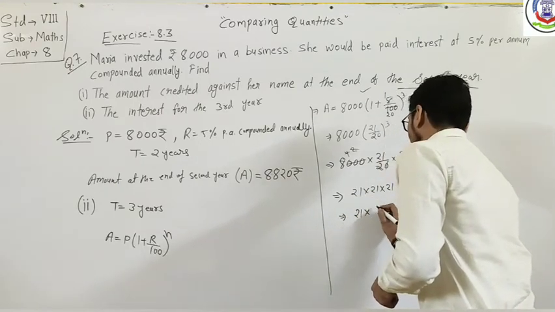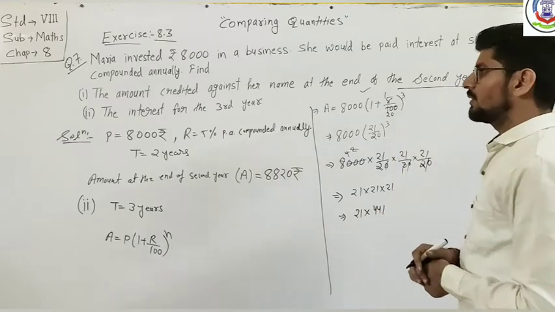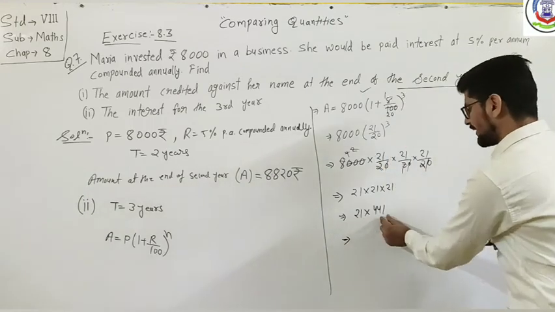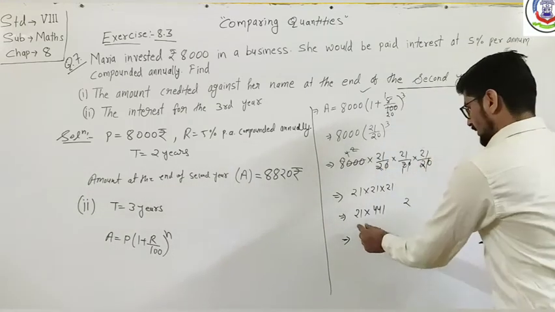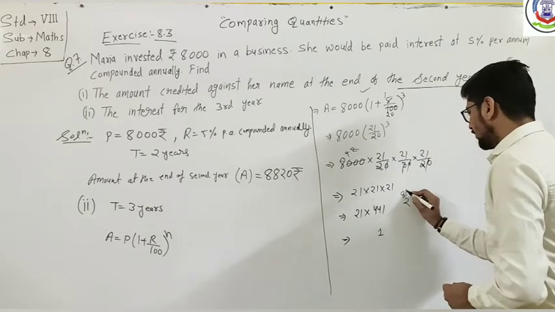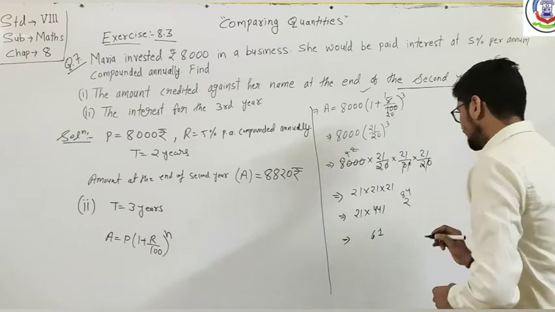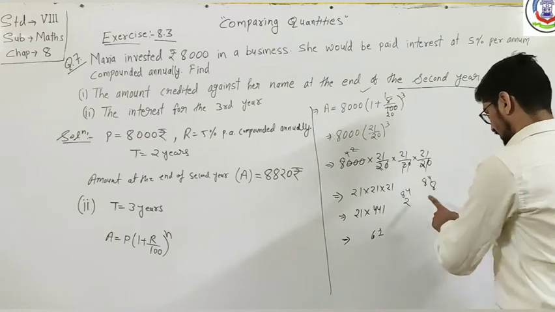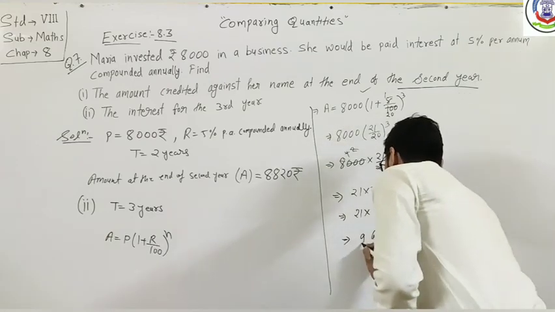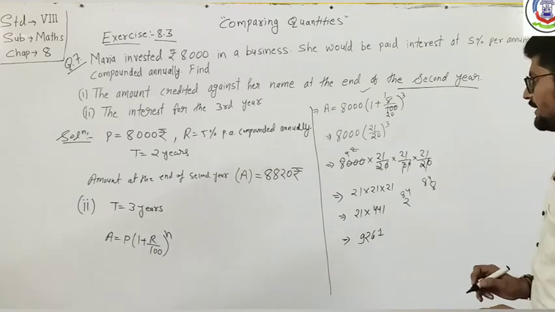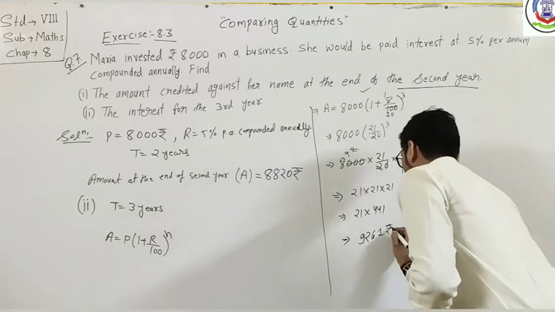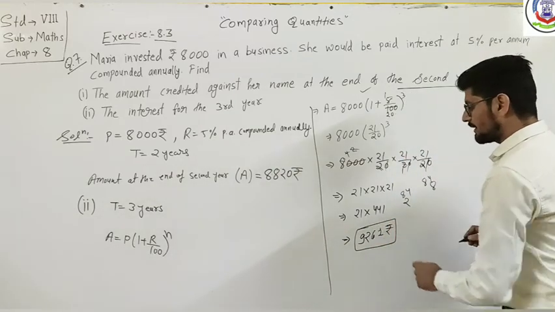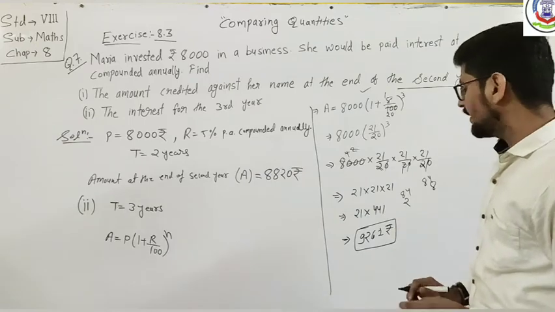So 21 multiplied by 441. Take the product: 21 ones are 21, 21 fours are 84, 84 plus 2 is 86, 21 fours are 84, 84 plus 8 is 92. 21 multiplied by 441 is 9261 rupees.